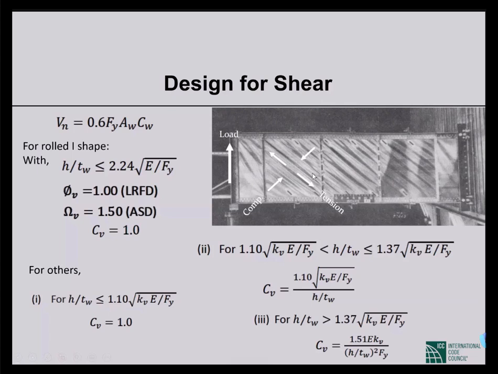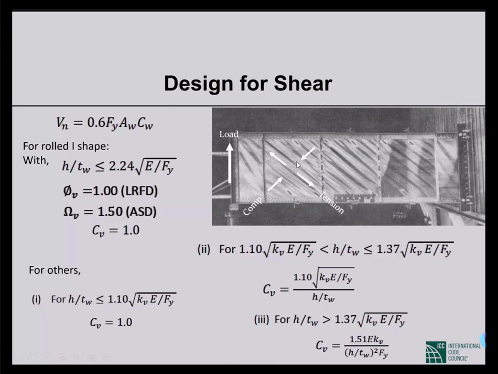Shear causes diagonal tension, even in concrete. In concrete, we are always worried about tension, and in steel, we are mostly concerned about compression, because concrete cannot take tension, and in steel, compression causes buckling. So due to panel shear, there will be diagonal compression, and due to that diagonal compression, there will be buckling. This is shear buckling.